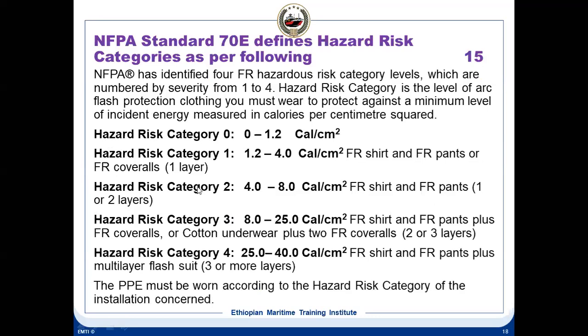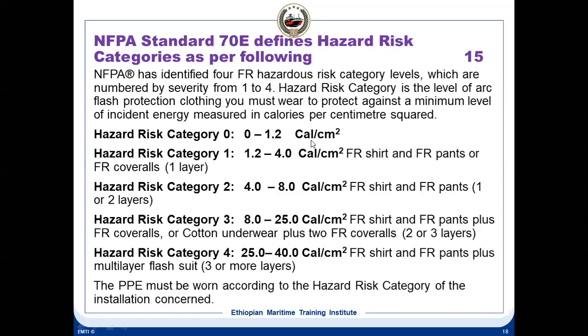Different types of PPE, because the PPE will change depending upon the hazard risk category, whether you fall in this or this. Now, what is this hazard risk category? Here it is written cal/cm square. That means calorie divided by centimeter square. This is very important because the calorie per centimeter square is defined as the maximum incident heat energy that a fabric can absorb and lessen, meaning reduce the injury to a second degree burn.